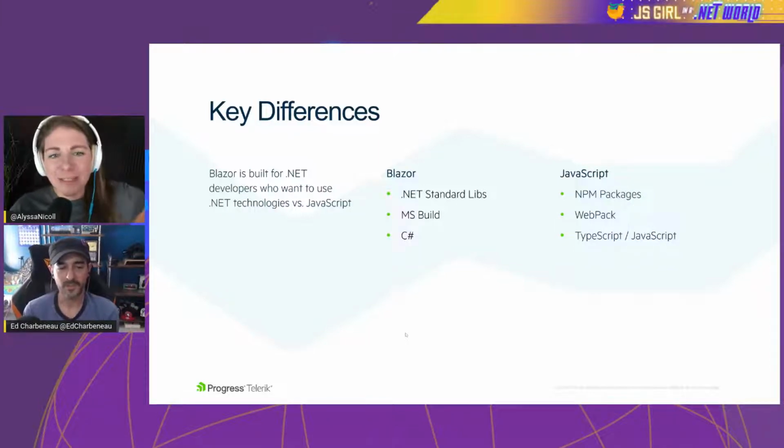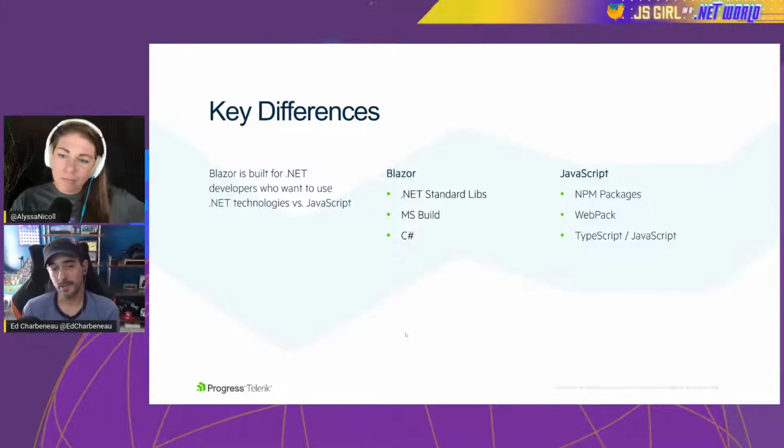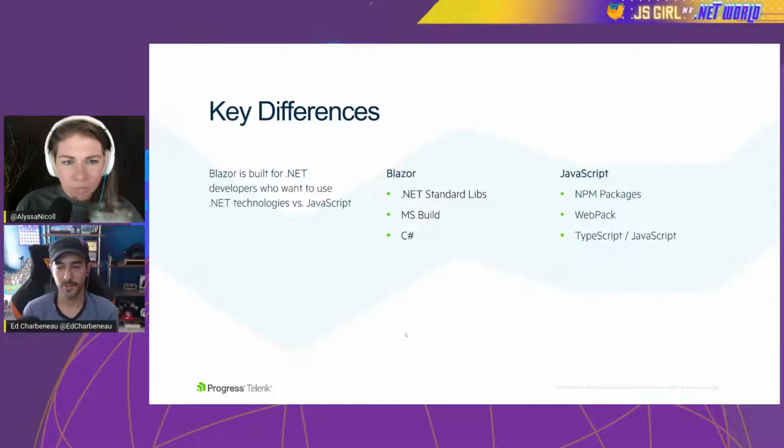But the reason to use Blazor is because of .NET generally. If you're in the JavaScript world and use NPM packages and you know how to configure Webpack and you're a TypeScript or JavaScript guru, then there's probably not a whole lot of reason to use Blazor.